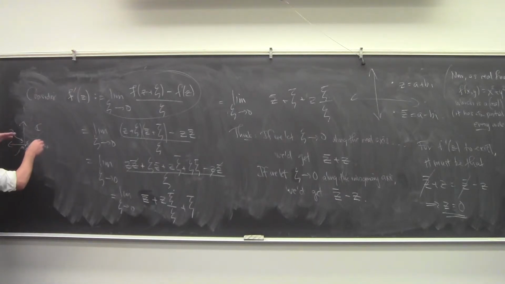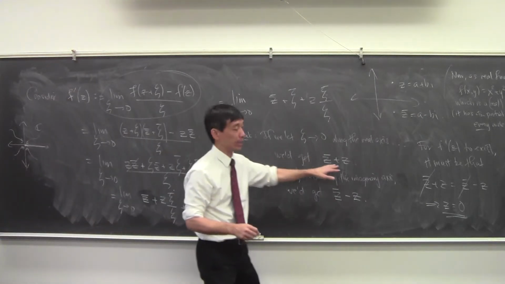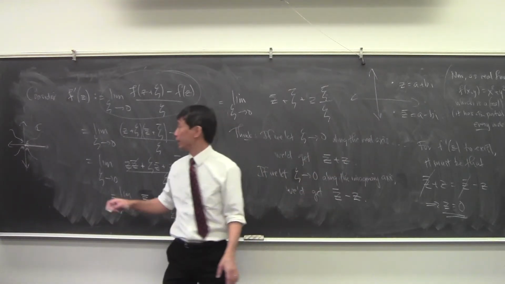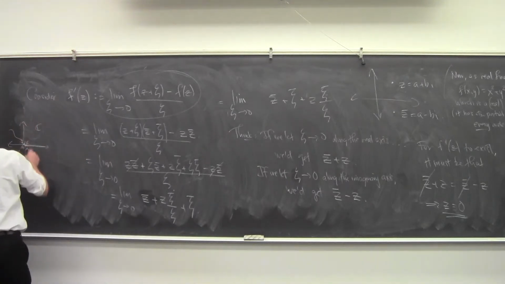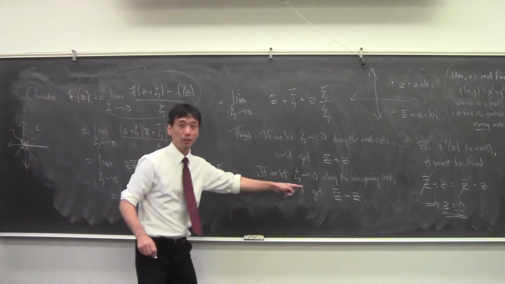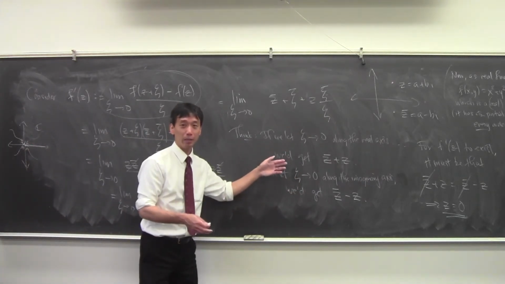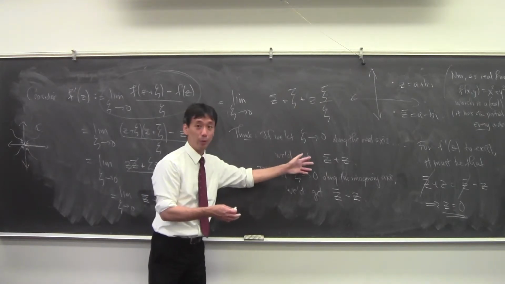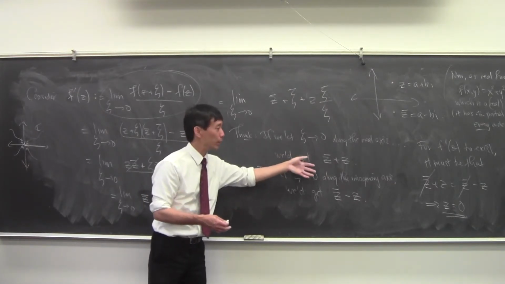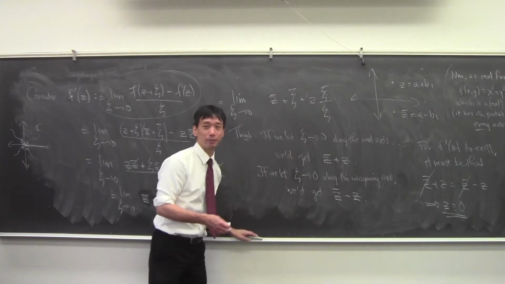Suppose we take zeta going to 0 like this on the real axis. In that case, we get this number. If we let zeta go to 0 like this, we get this number. But those should be the same thing. So the only place we have a hope of being differentiable is when negative z equals z.